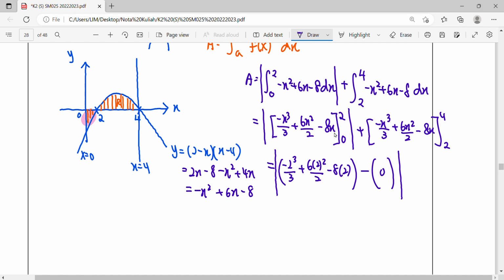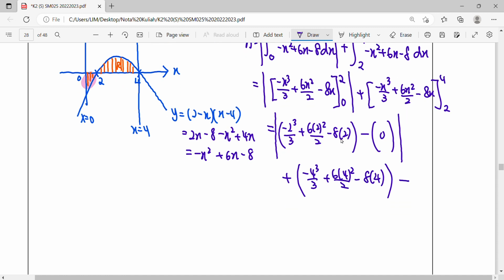Another part plus, substitute upper limit 4, minus lower limit 2. Then we press our calculator, and it gives 8. For area we put unit square, so 8 unit square.